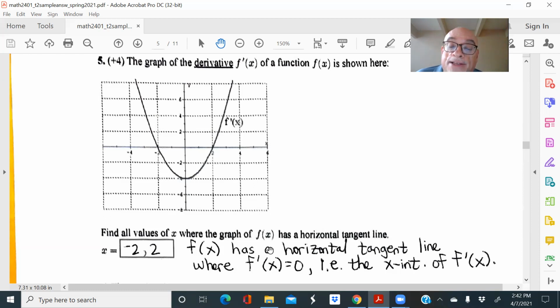So f prime of x is 0 at these two x-intercepts, -2 and 2. So just having the graph of f prime makes it very easy to answer this question. We didn't have to do any algebra there. We can answer the question just from using the graph.